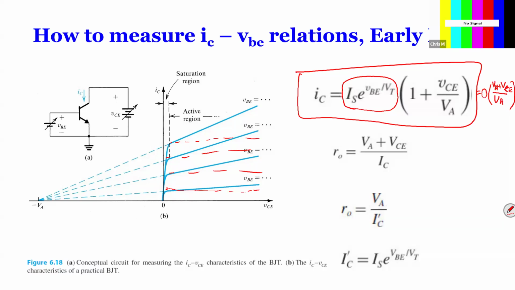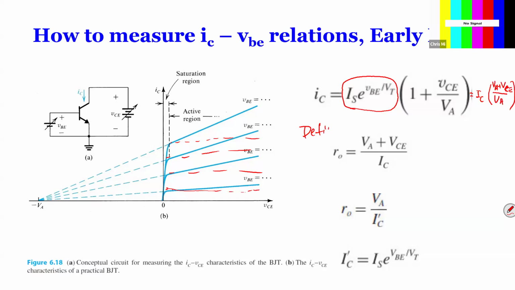Let's call the front part IC prime. So what we're doing is we define a new variable, RO. It's called early resistance.